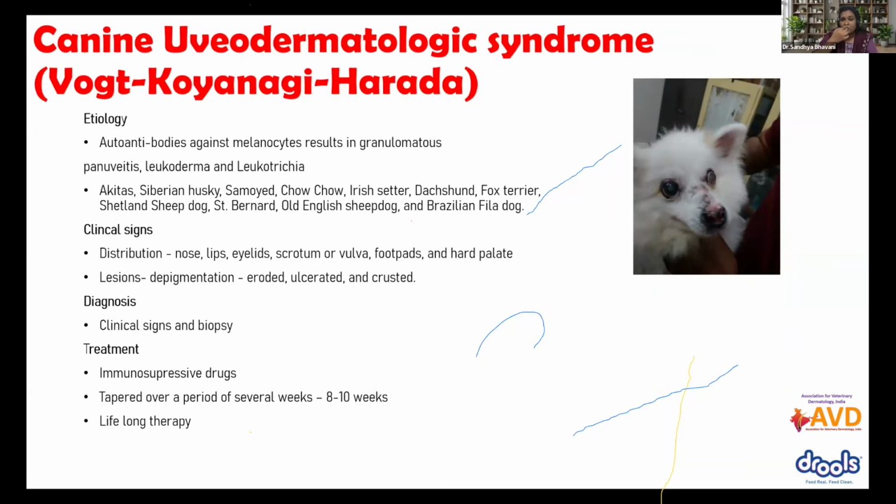Nasal depigmentation also can be seen. The distribution of lesions is mainly on the face, and the vulva and foot pads also can be affected. The main diagnosis is biopsy. Here also we'll go for immunosuppressive drugs. It is actually a lifelong therapy.